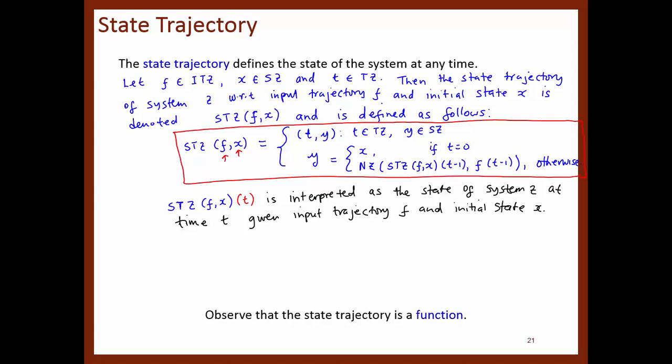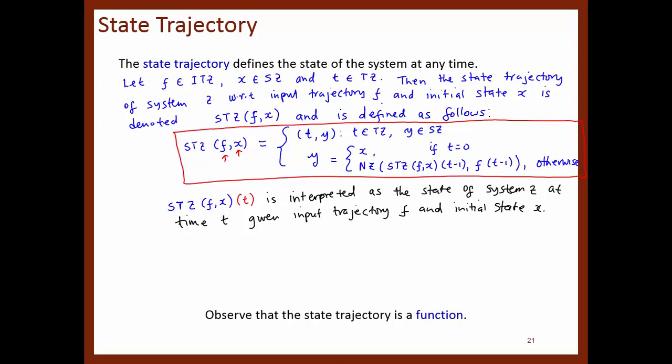The state trajectory is defined based on time and the state, so Y is going to represent the new state. Looking at time and the current state, Y is going to change depending on what time you're looking at from the input trajectory. X is the state at time 0. Otherwise, you have to look at the combination of time and the current state trajectory to know what's the next state of your system.